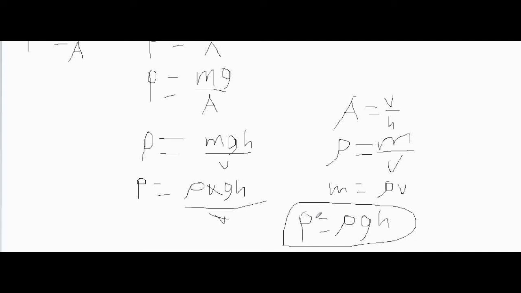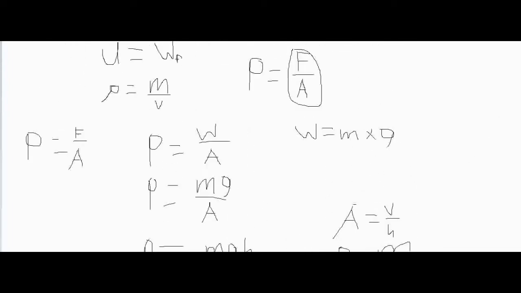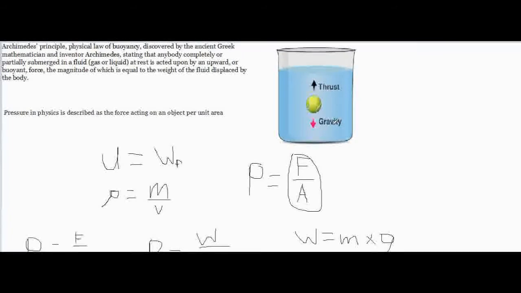So now looking at this formula, we have pressure is equal to rho g h, or density times g times h. And so basically what we're saying is that the water pressure acting in this container would depend on the height at which the water is. So for example, if you were to burst a hole here, water would come out with more force than if you were to burst a hole here.